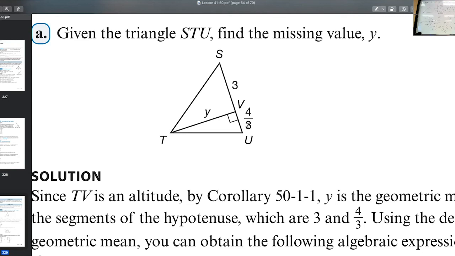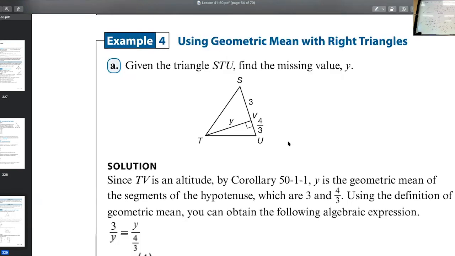Or you could just find the geometric mean using corollary 5.1.2. You could find the geometric mean of 3 plus 4/3, which is 4 1/3, and 4/3. So if I add 4 1/3 and 1 1/3, I get 5 2/3, and then I square root that. That would give me TU. Okay.